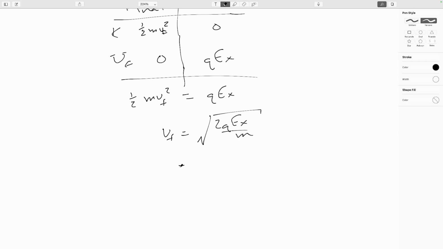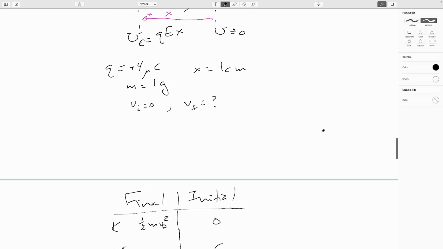And now let's stick in the numbers. So this will be the square root of 2 times 4 times 10 to the negative 6 coulombs, because micro means 10 to the negative 6. I said it was a 2,000 Newton per coulomb electric field, 0.01 meters. I did say that, right? No, I did not say that. My apologies.